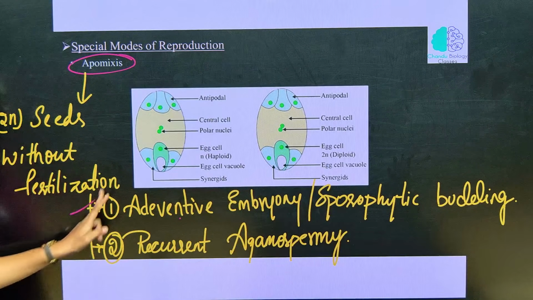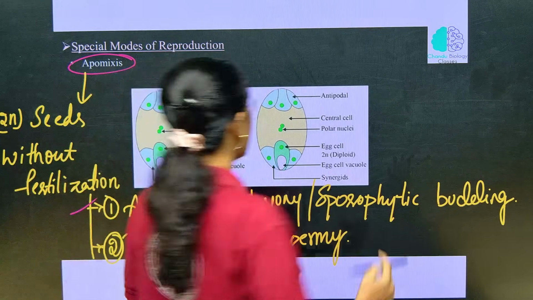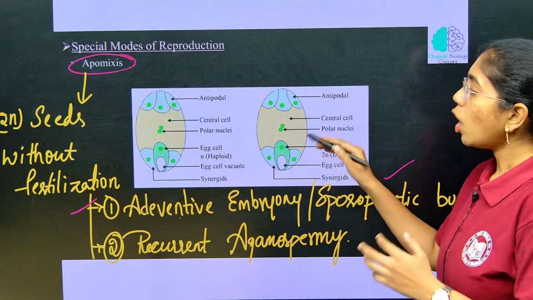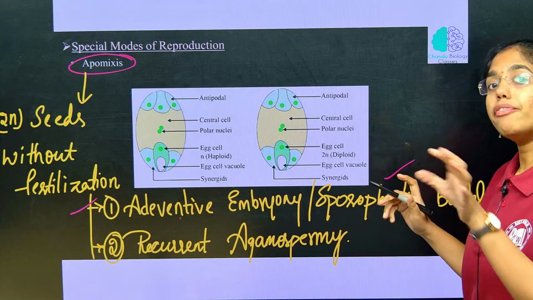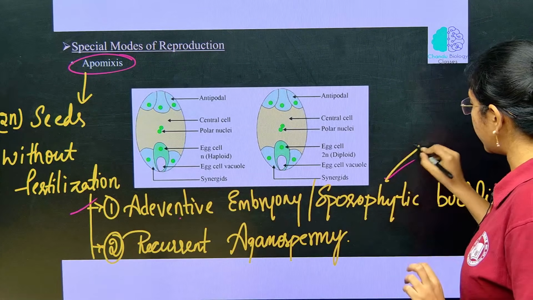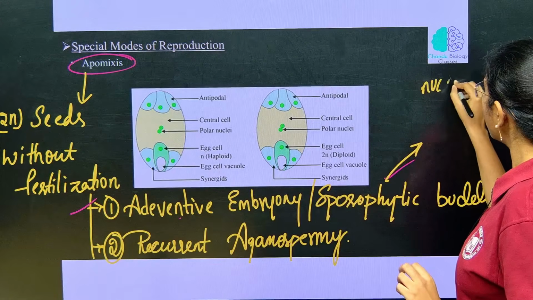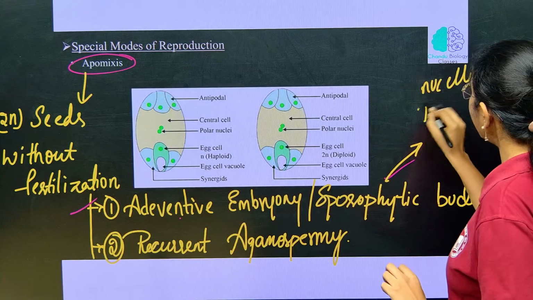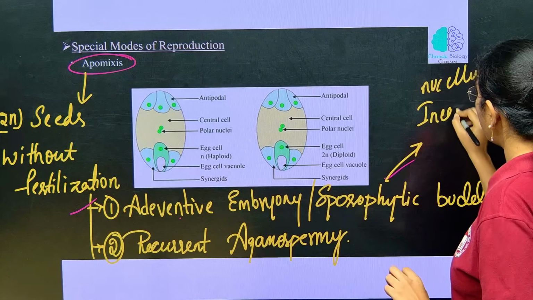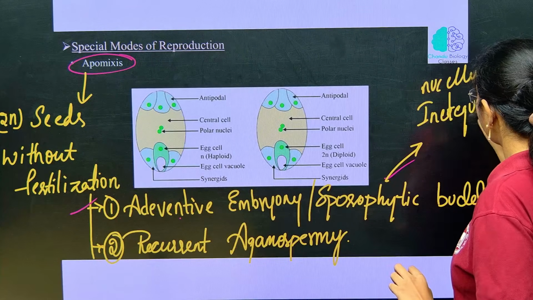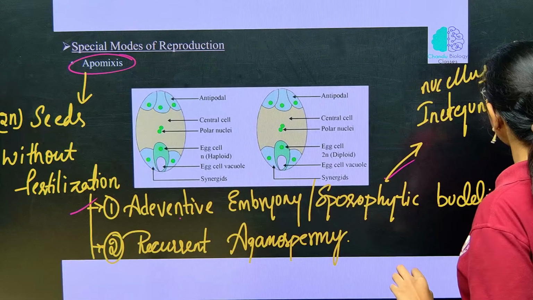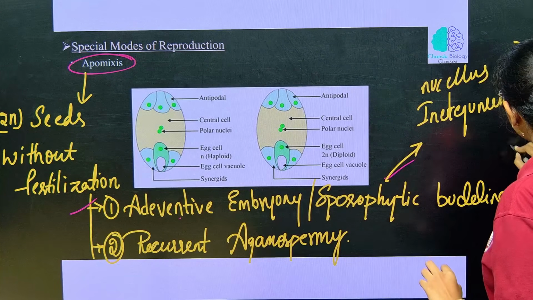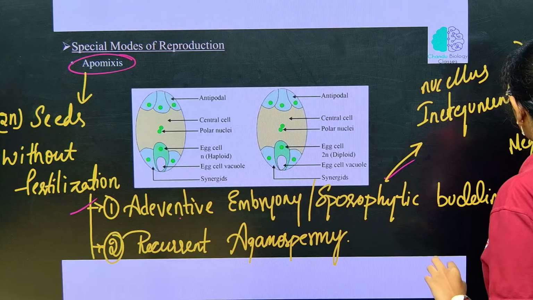What type is it? Look into it carefully, wherein any of the cells from the integument or nucellus will differentiate into an embryo directly. Nucellus or integuments from the ovule, whose ploidy is diploid, right? So they will directly differentiate into megaspore.